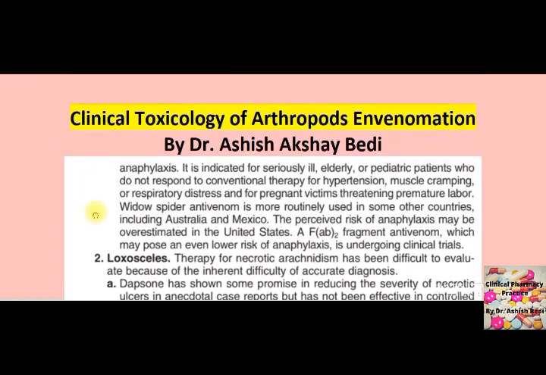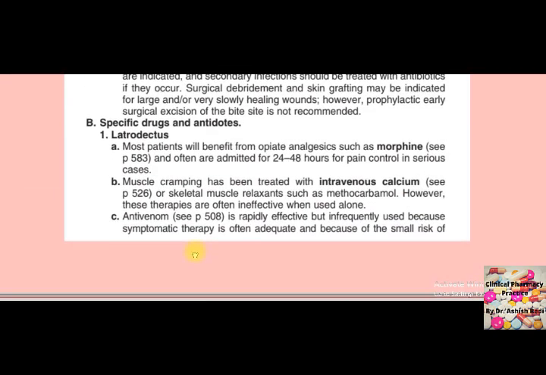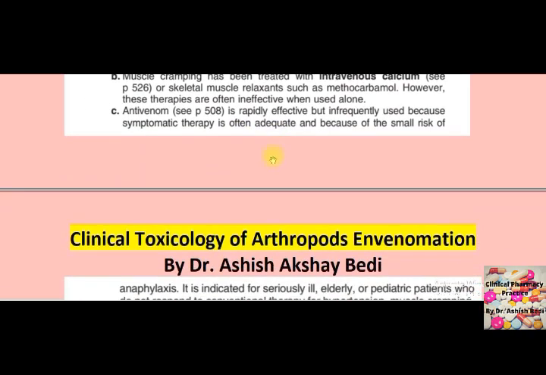The problem is that antivenom is also present for lectrodactus envenomation, but lectrodactus envenomation is managed with symptomatic treatment and is well treated. The patient benefits greatly from these therapies and doesn't need anti-venom.